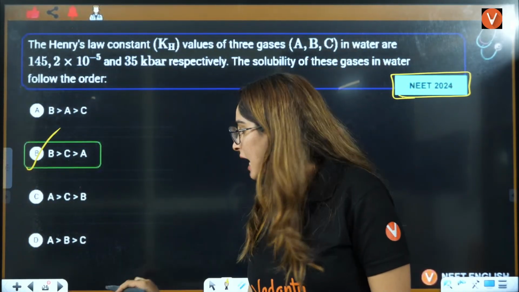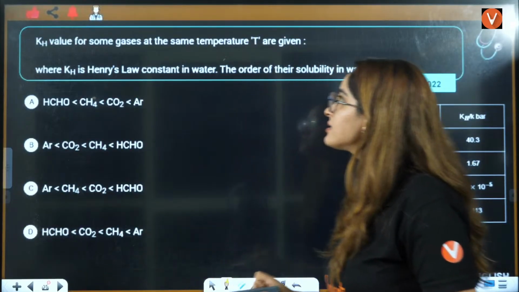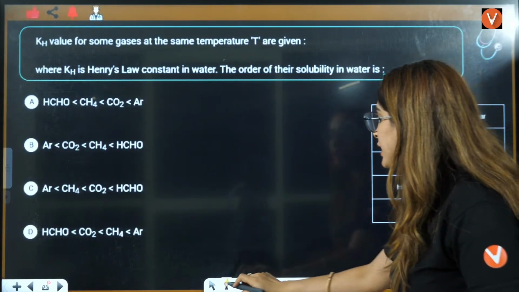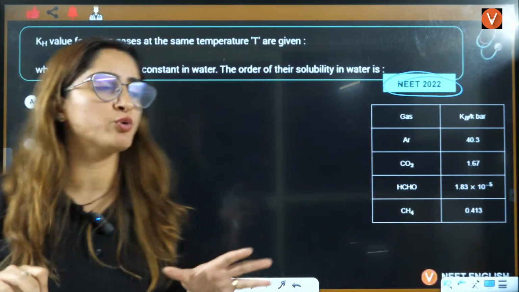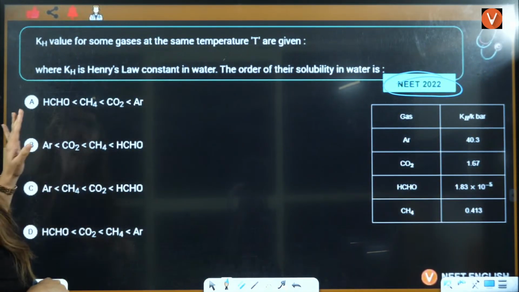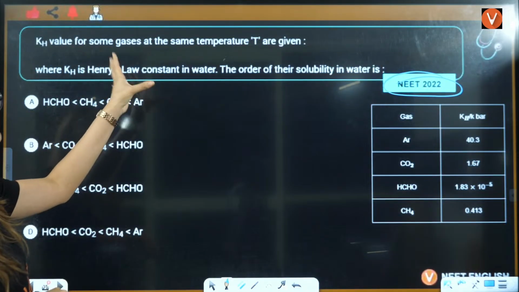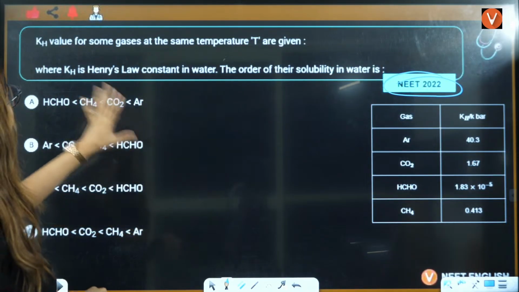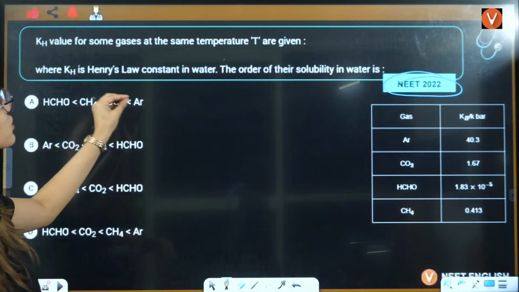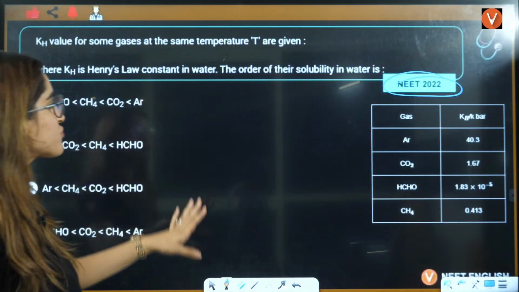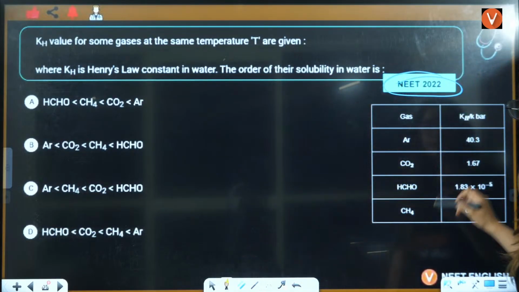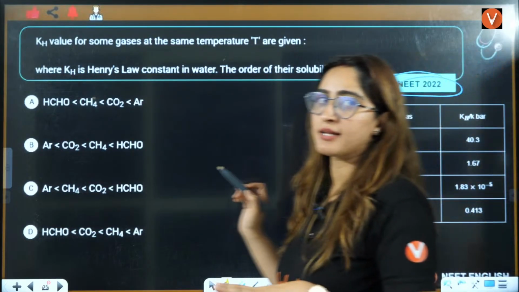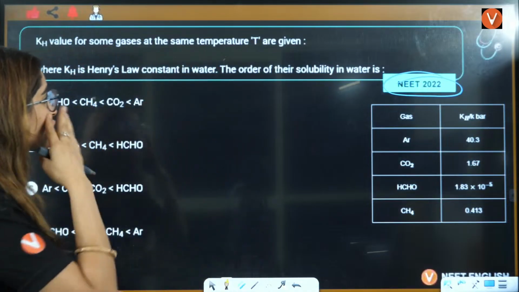Okay, now let's do the next thing, that is the NEET 2022 question here. They have given KH values for some gases at the same temperature. The KH Henry's law constant in water, the order of solubility in water, again based on the same principle. This is the gas, this is the value of KH that is given to you, right? You have to tell the solubility here.